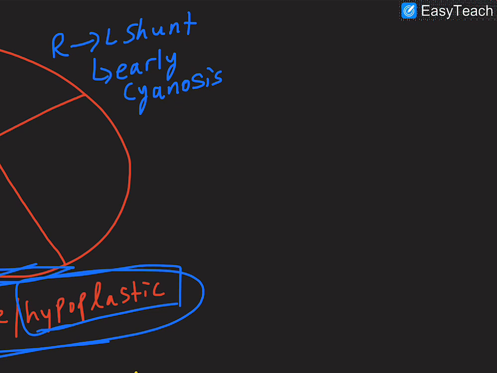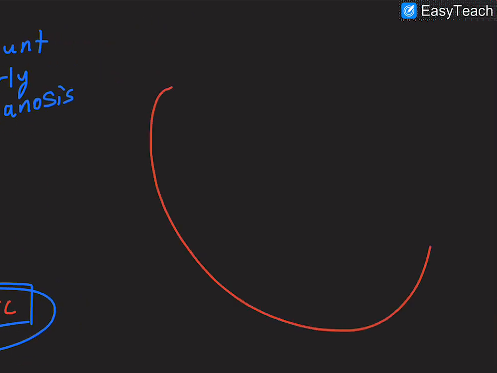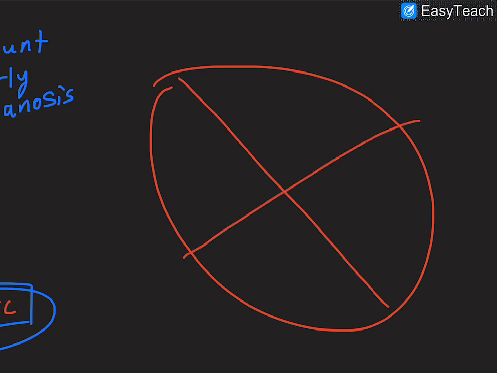So we said that the right ventricle is hypoplastic, which makes sense. So let's redraw the heart like this. We know one thing for sure now. We understand that blood is not making it down to the right ventricle. There is no tricuspid valve. Then how does blood make it through the heart? What we need to do is get the blood from the right side of the heart to the left side.